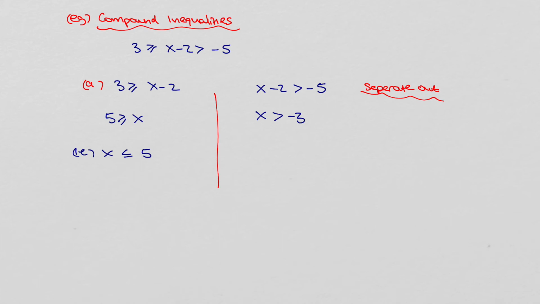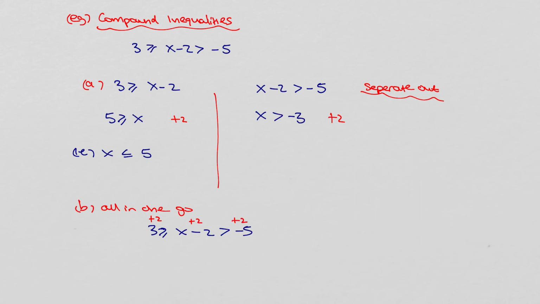Now, I could have done that all in one go, because if you look, what did I do? I added 2 to both sides there, and I added 2 to both sides there. So in other words, I could have just taken the whole inequality in one go and add 2 to each part of the inequality.